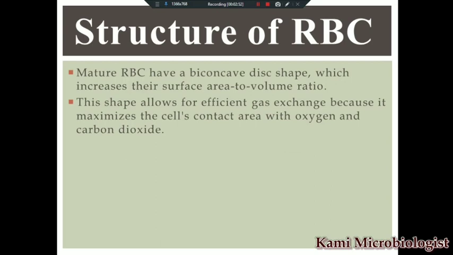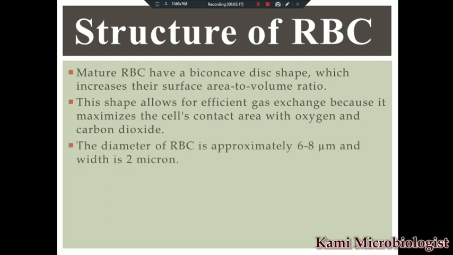Due to the biconcave shape, efficient gas exchange can occur, because the cell contains a lot of area for oxygen and carbon dioxide.